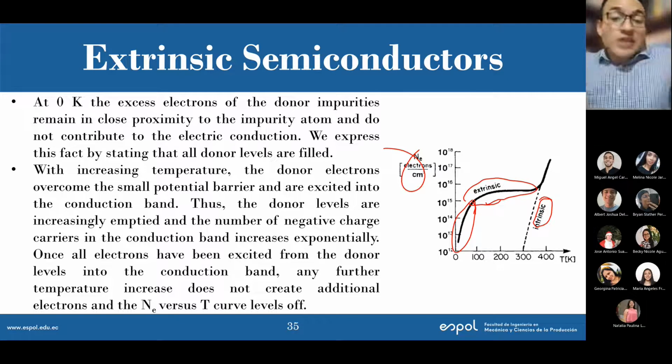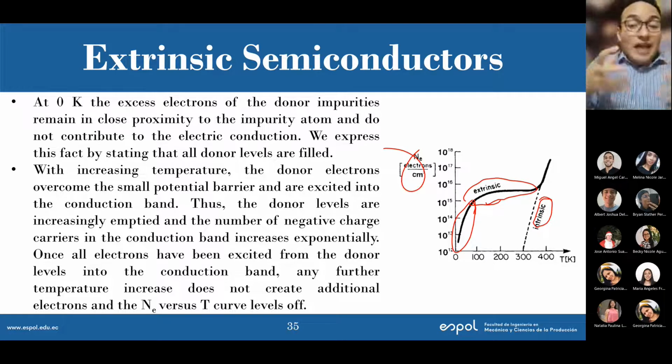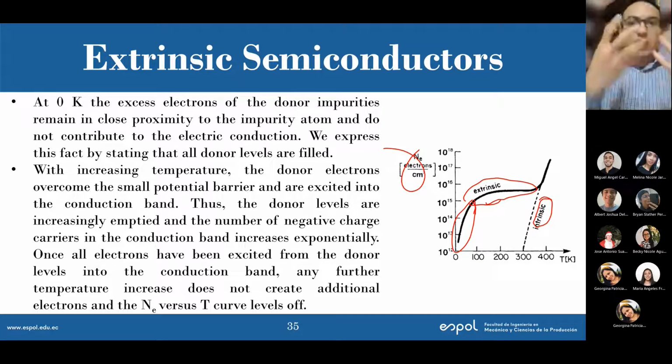So the extrinsic effect actually matters only at low temperatures, below 300-ish Kelvin. That is when the extrinsic effect in doped semiconductors is valuable. After that, it's like having an intrinsic semiconductor. Having an extrinsic semiconductor after 300 Kelvin doesn't have any significant effect, because it basically behaves as an intrinsic semiconductor.